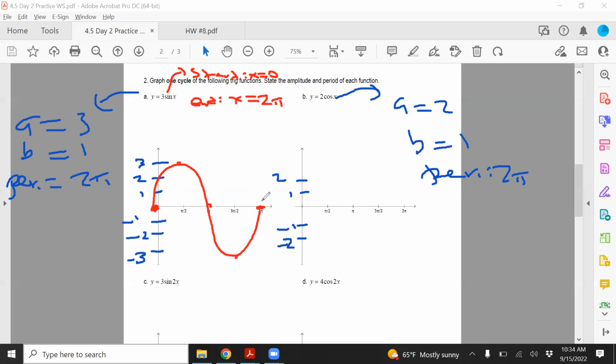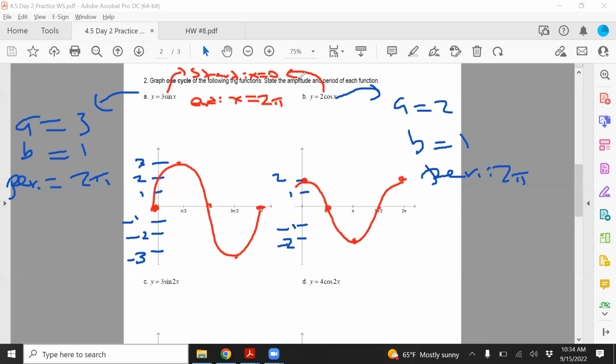That's it. But cosine is going to start at the peak: peak, middle, low, middle. And cosine also starts at x equals 0 and ends at 2 pi.